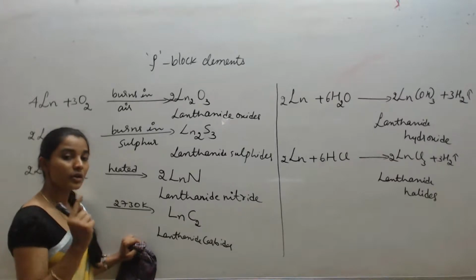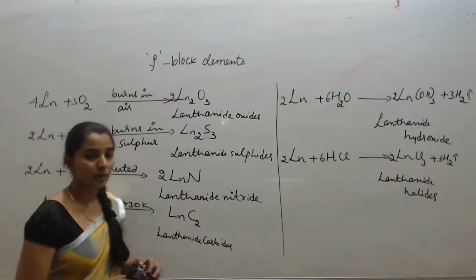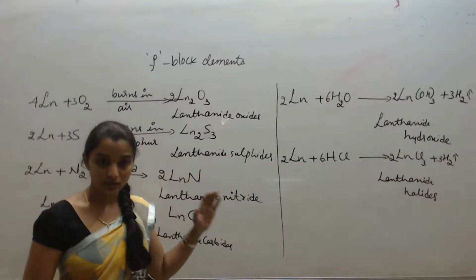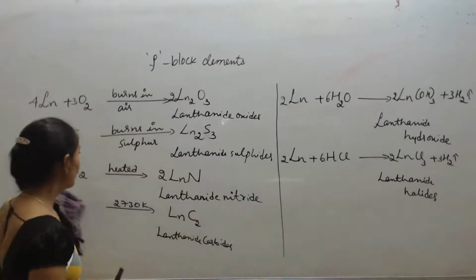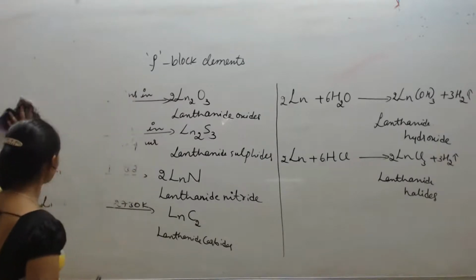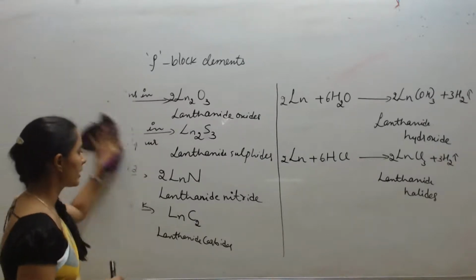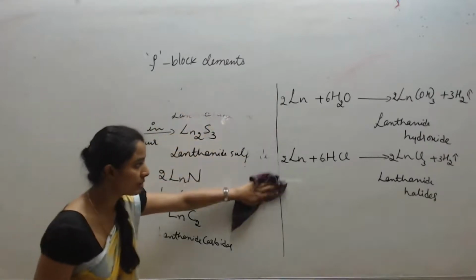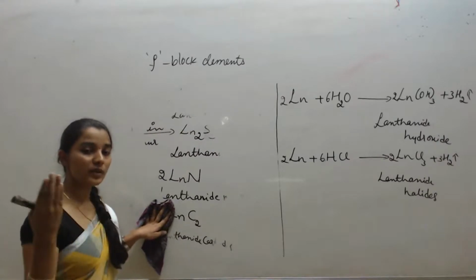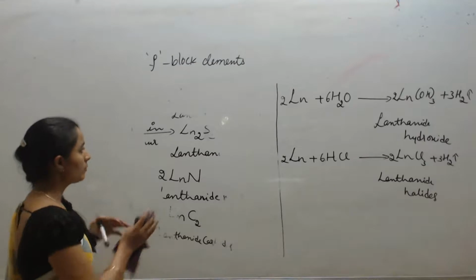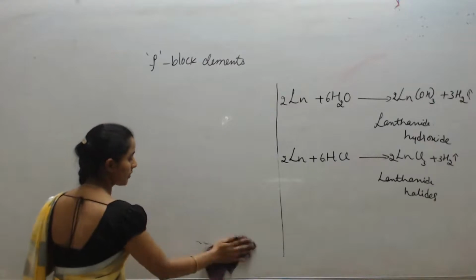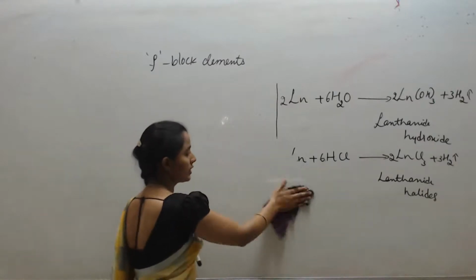Those actinides again show the common oxidation state +3, but they also show variable oxidation states. The common oxidation state is +3 in both lanthanides and actinides, and actinides again show higher oxidation states like +4, +5, +6, and so on. But lanthanides don't show higher oxidation states. They show only +2, +4 sometimes, but the stable oxidation state is only +3.